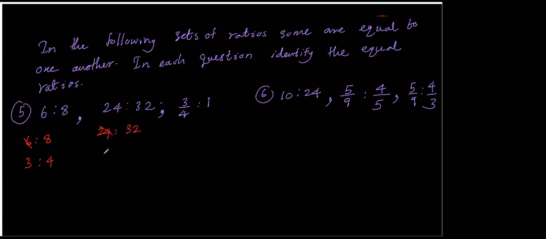Divisible by 8. How many 8s are there? 3. How many 8s are there? 4. And this one? 3 fourth. This is by 4. This is by 4. So 3 to 4. So these all are equivalent ratios, right?